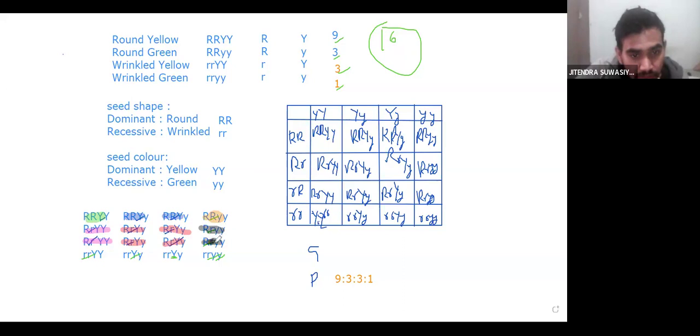One, two. Again, one. Okay, then again one, two. Then how many found like that?